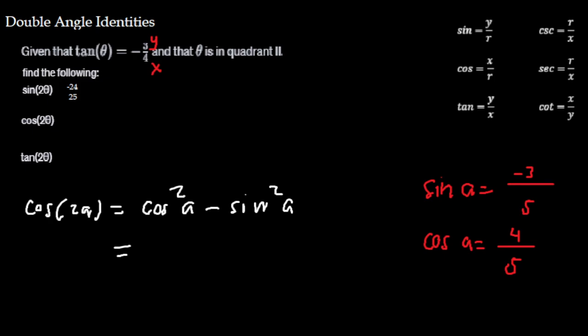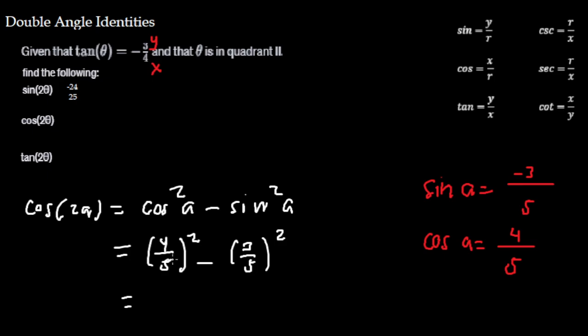Since cosine of a is 4 over 5, we can just write 4 over 5 squared, kasi nga yung cosine squared of a natin is squared, minus sine, which is negative 3 over 5 squared. Now, let us simplify.